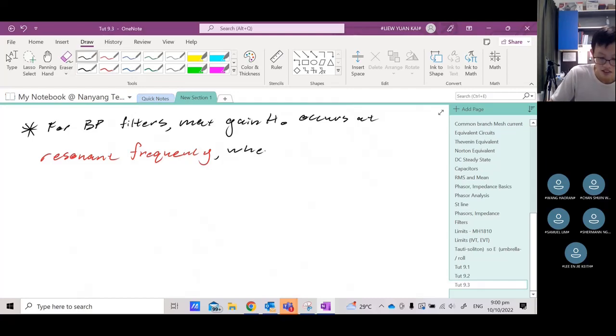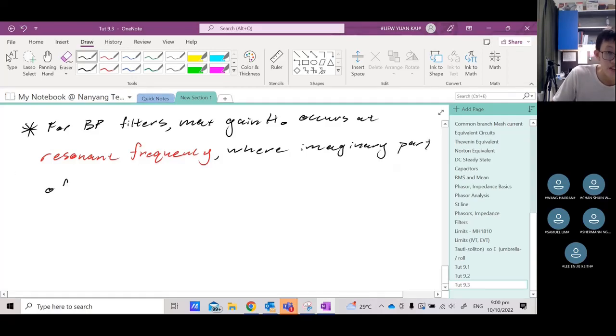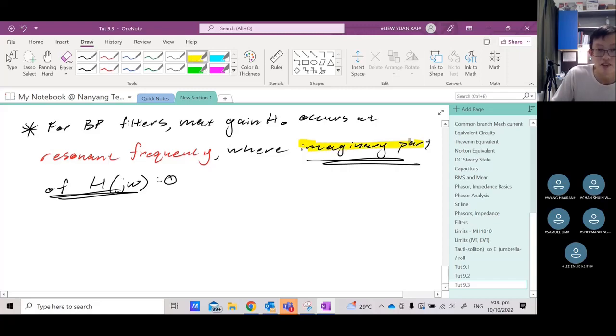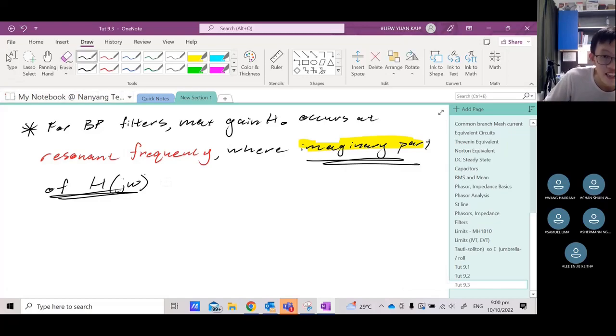Where the imaginary part of the H that we got, the H function that we got just now, is 0. Okay, the imaginary part of this is 0. The imaginary part of this.